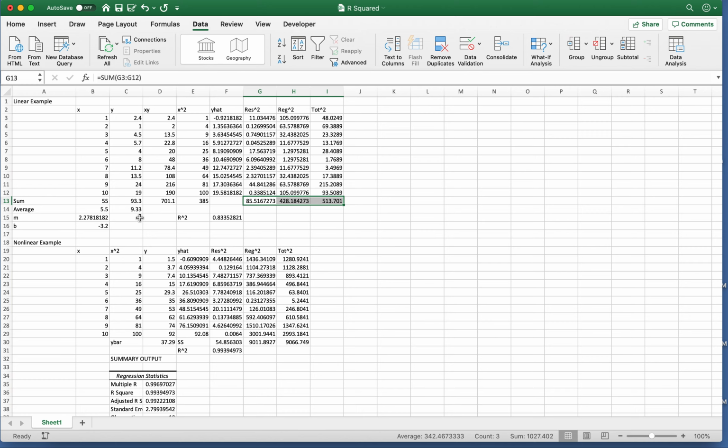The other example I want to talk about today is that you can actually do this in a nonlinear situation. Look at this data that I've got down here: x values 1 through 10, y values which range from 1.5 to 92.